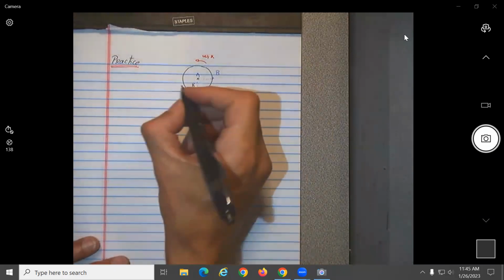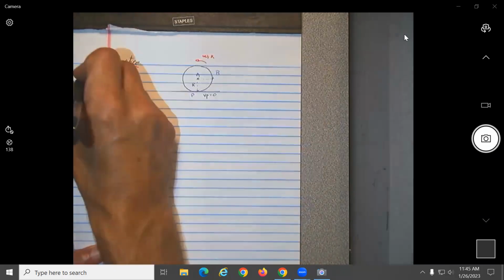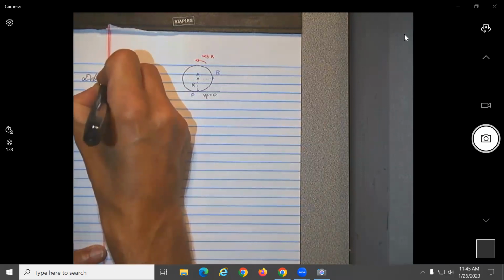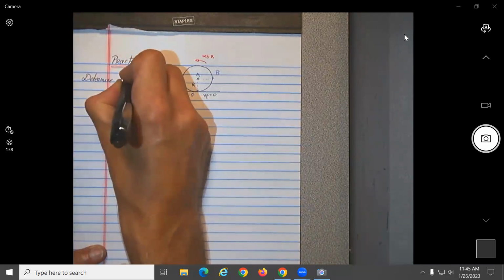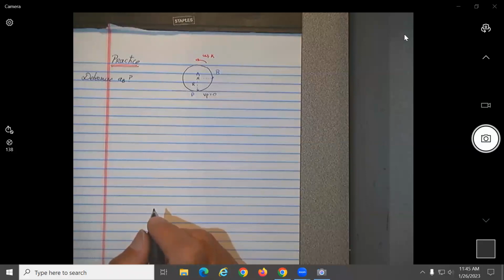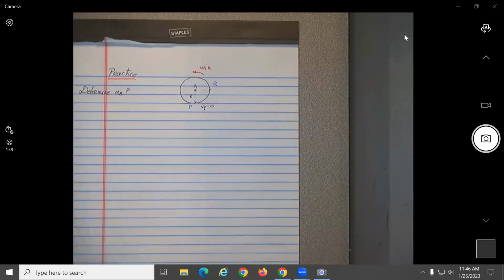I ask you to determine the acceleration at point B. There are two ways to do this. The first way is the way I want you to do it the first couple of weeks. Then if you feel confident, you can switch to the other one.